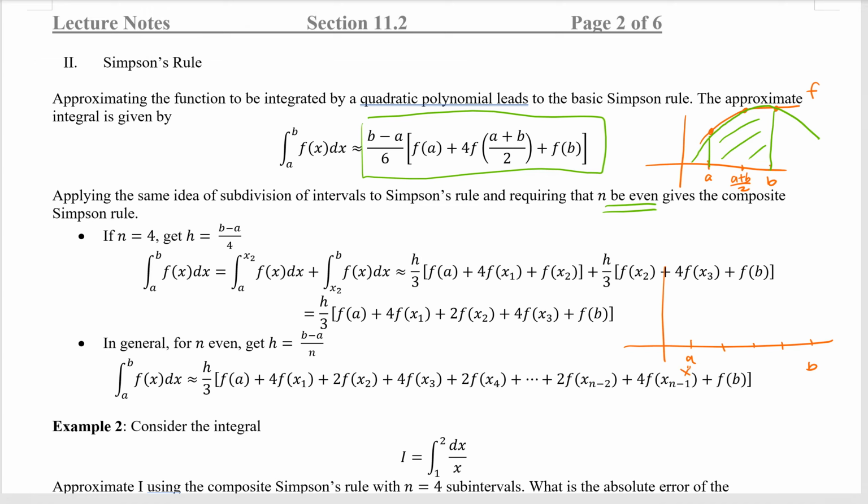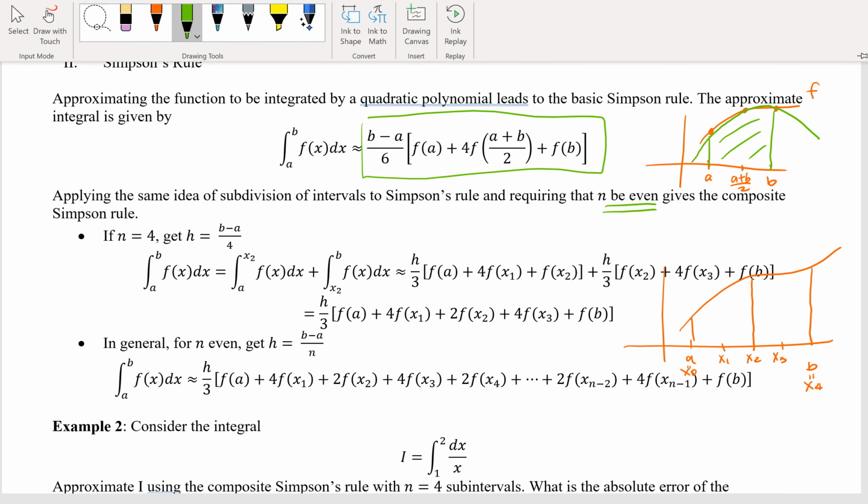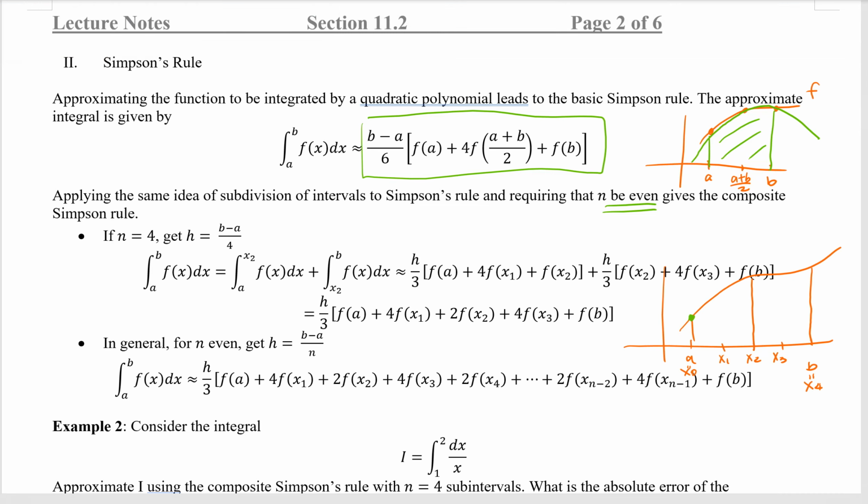Here this is x0, x1, x2, x3, and b is x4. So it's like we cut it into 2 pieces, and for each piece we have a quadratic polynomial to approximate it. At this point and this point, it will give us a quadratic polynomial. This point and this point, it will give us another quadratic polynomial.